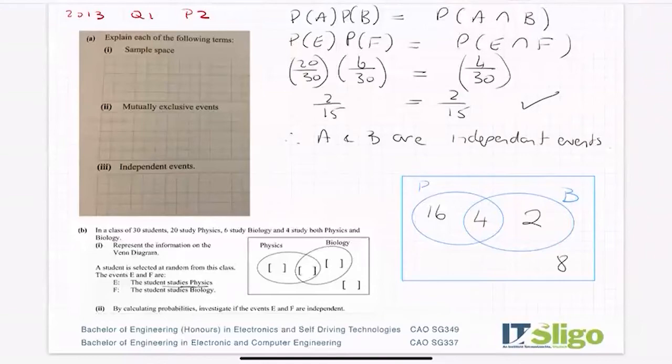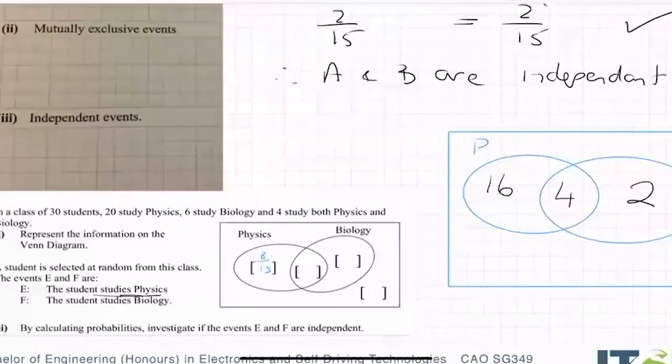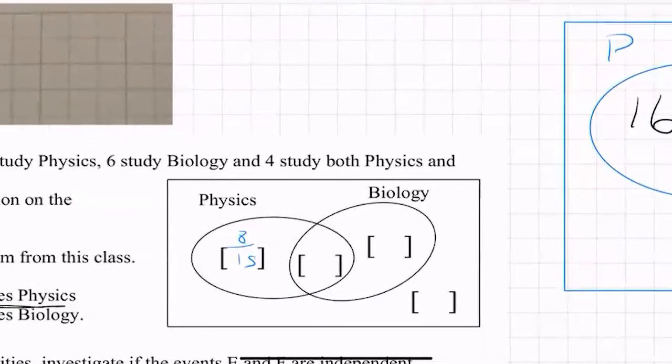Okay, why did I leave it blank down here? Because I wanted to show you another way of doing it. So instead of just having 16 here, you could have 16 over 30, for example. Now I'm not going to convert them to decimals. I normally would, but I'm not, because I'm getting multiple decimal places. But you have 8 over 15. Okay, let me just zoom in a bit. So that's 8 over 15.